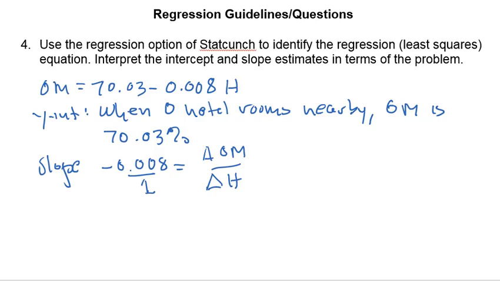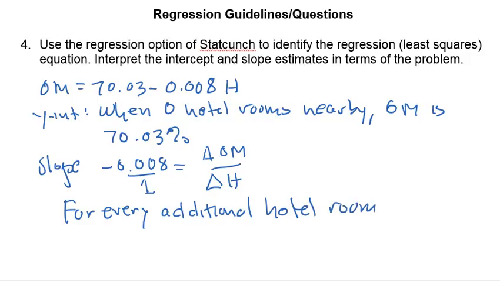So let me get back to here. What we've got is, as the number of hotel rooms increases by 1, so for every additional hotel room nearby, near the location, what happens?